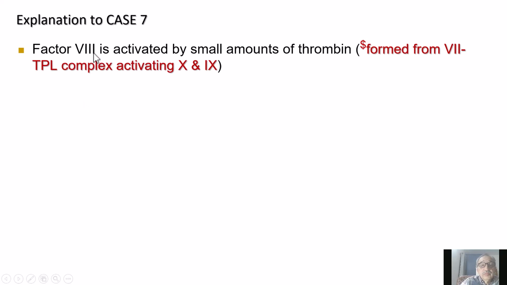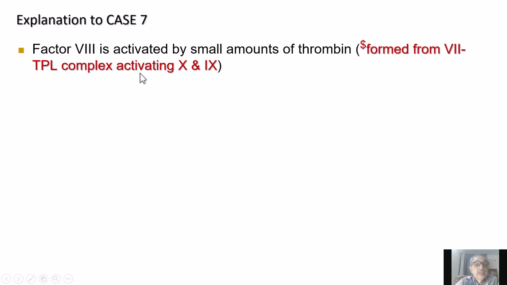In the classical intrinsic pathway, factor 8 is only converting 10 to 10A. Let us see what its role is here. Factor 8 is activated by a small amount of thrombin, which is formed by the tissue factor 7 activation. This is how it is initiated.